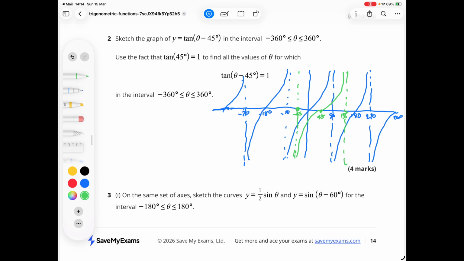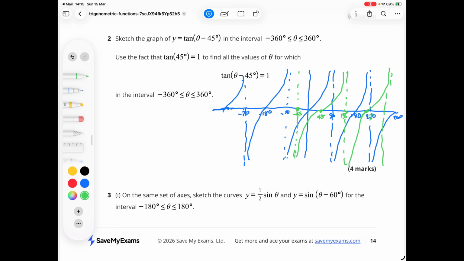And then if that's 45, it would go through 225, and that's 270, so it would go through about there. I don't love the way I've drawn this. And then it would go down there and go up to there.